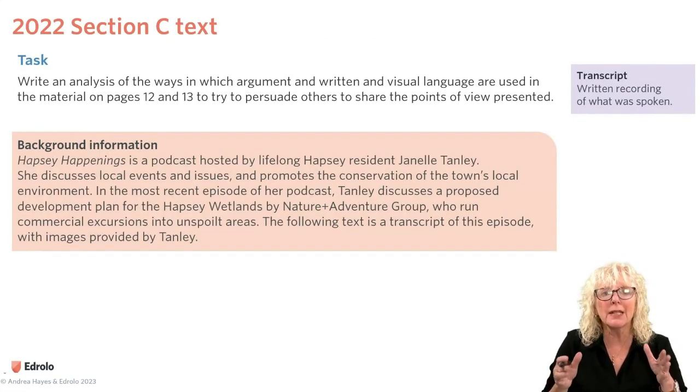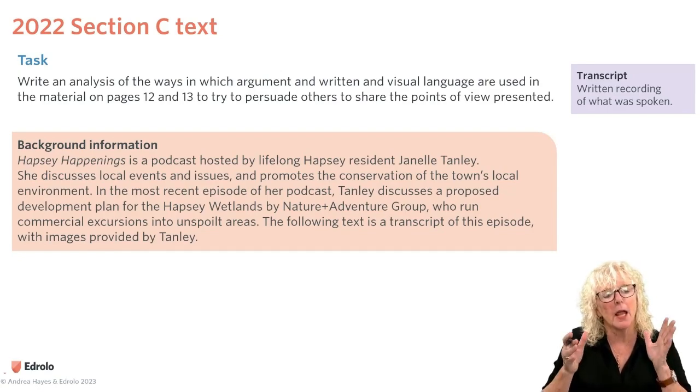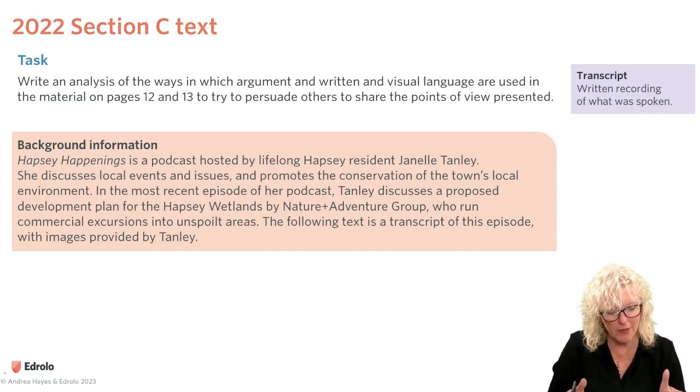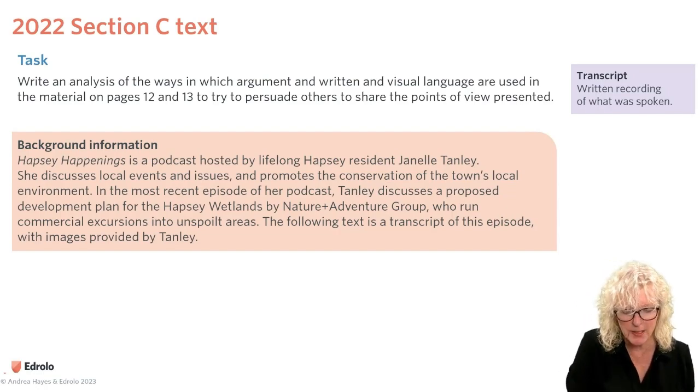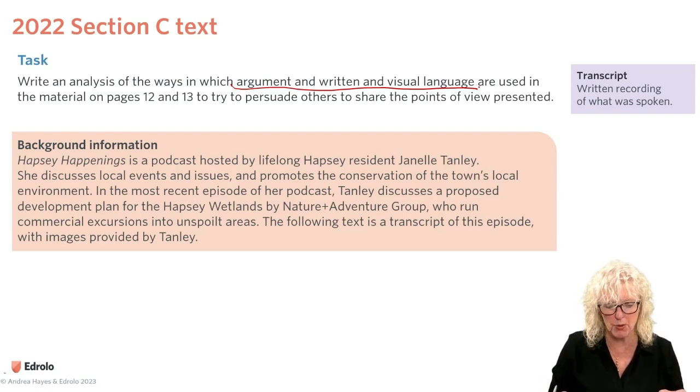Now let's look a little bit more closely at the actual exam task. First of all, there is the task that says you have to analyse the ways in which argument, written and visual language are used to persuade others to share the points of view presented.